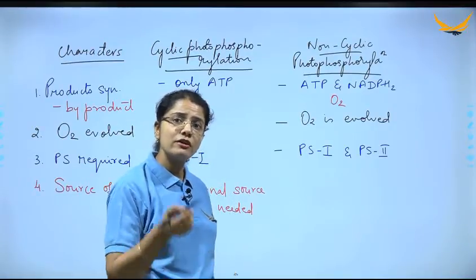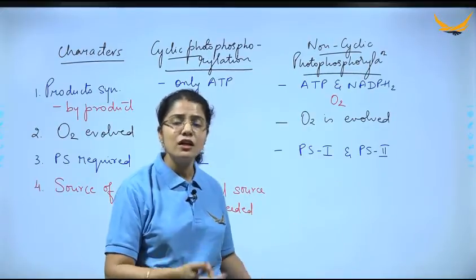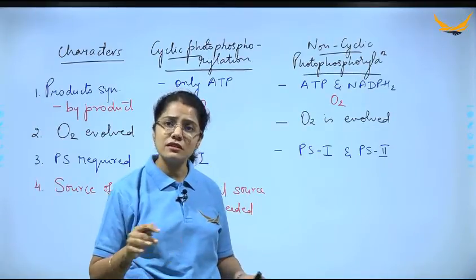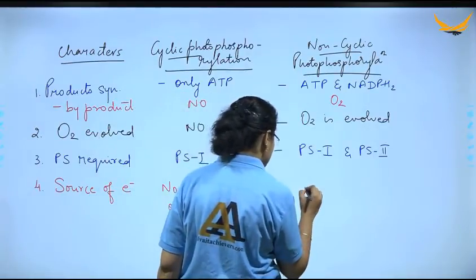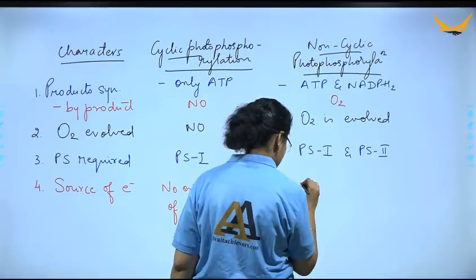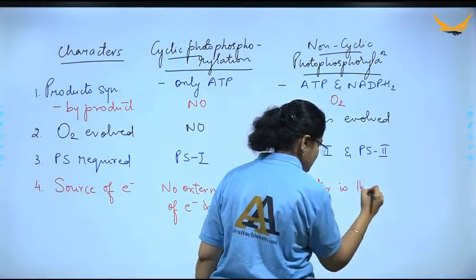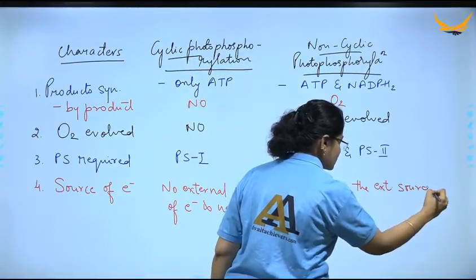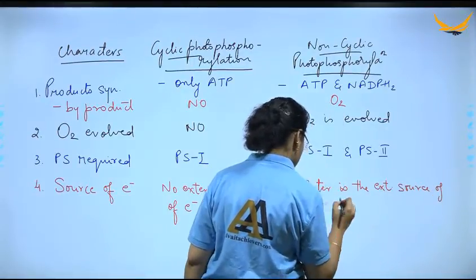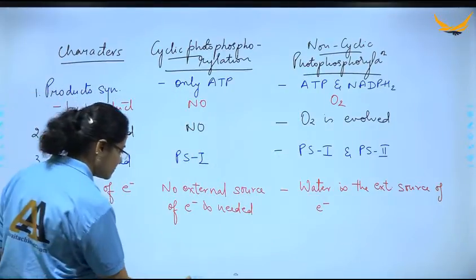So there, that water molecule, when it undergoes photolysis, it is compensating. So water acts as that external source. So water is the external source of electron. Right?